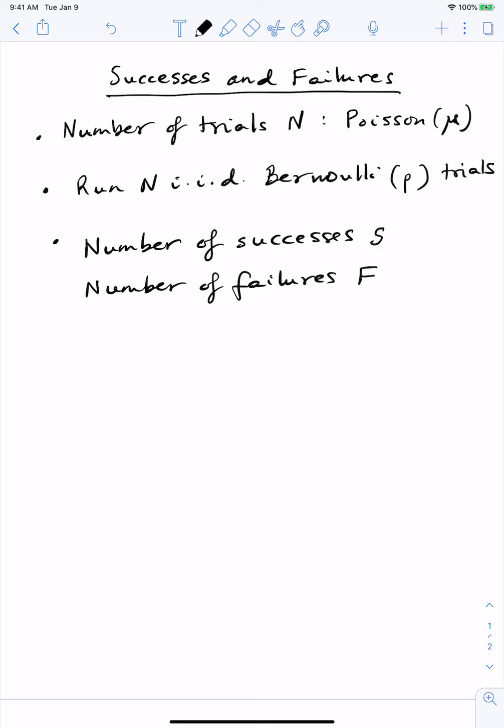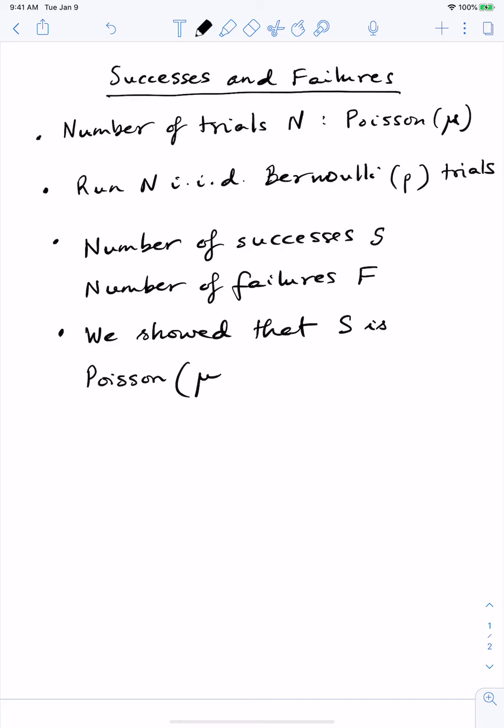So let's note down what we know. We have a Poisson number of trials. We're running that number of IID Bernoulli P trials. The number of successes we've denoted capital S. Correspondingly, I'll denote the number of failures by capital F. And we found the distribution of S. So S is also Poisson. Not Poisson mu, but a proportion P of mu.